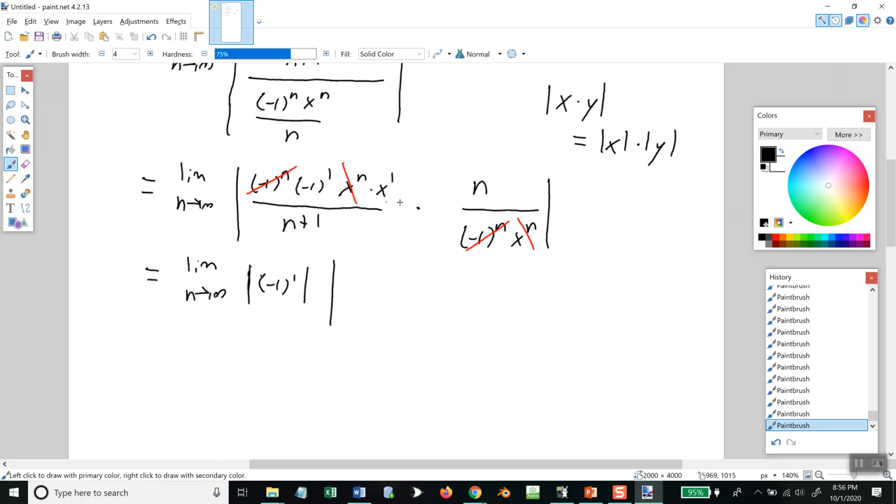And so then I'm left with, what am I left with? x over n plus 1 times n over 1. And again, the absolute value of negative 1 becomes a positive 1, that drops away. This x here has nothing to do with the n, so I can put it out in front with an absolute value around it.